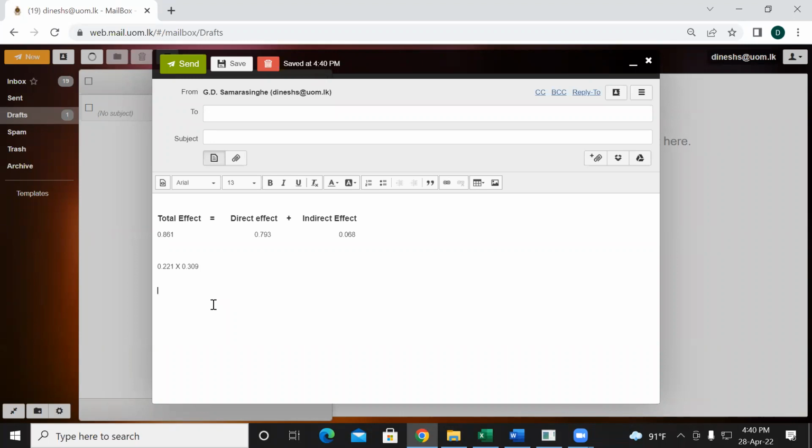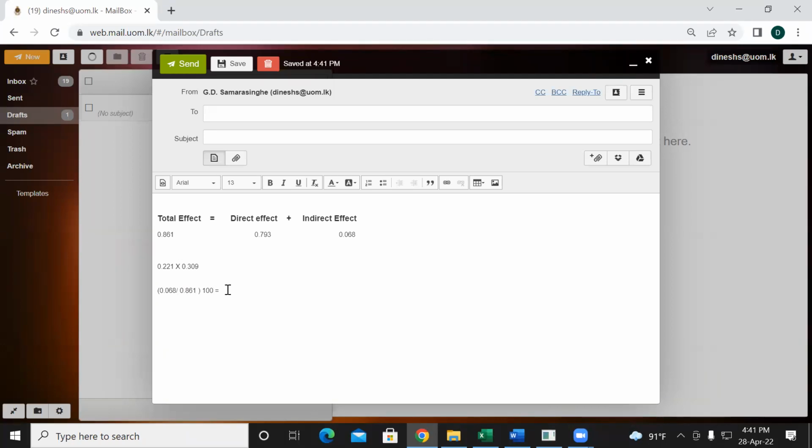You can do a simple percentage calculation. Now the indirect effect is 0.068. Divide that by the total effect, 0.861, and ultimately multiply by 100. Then you can see the percentage. That's very simple mathematics.